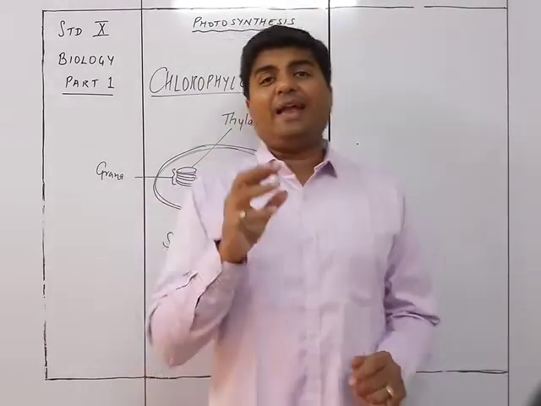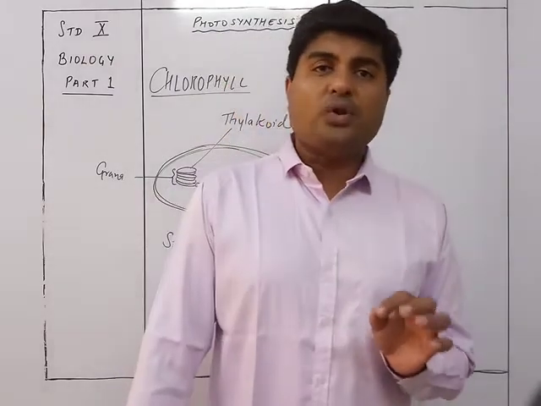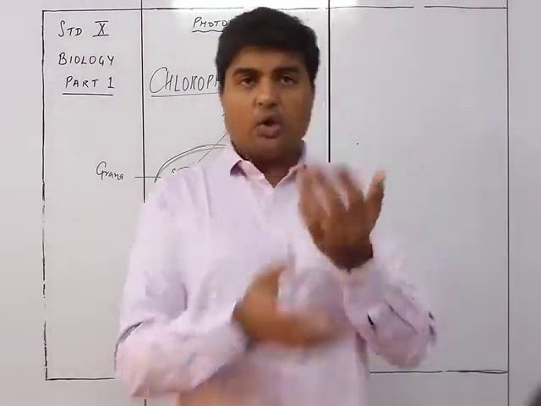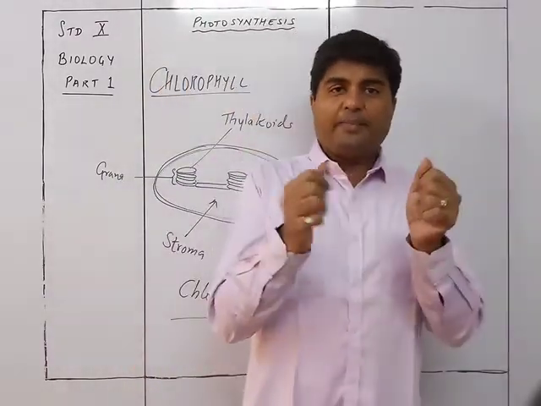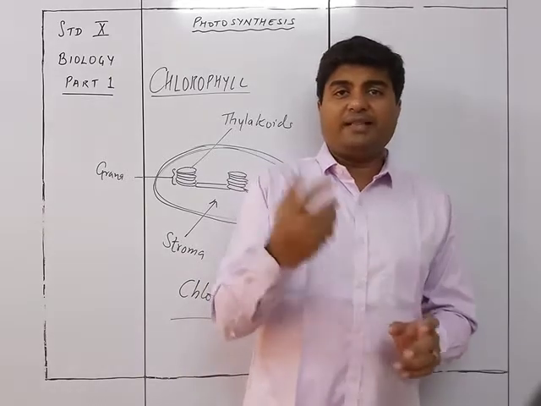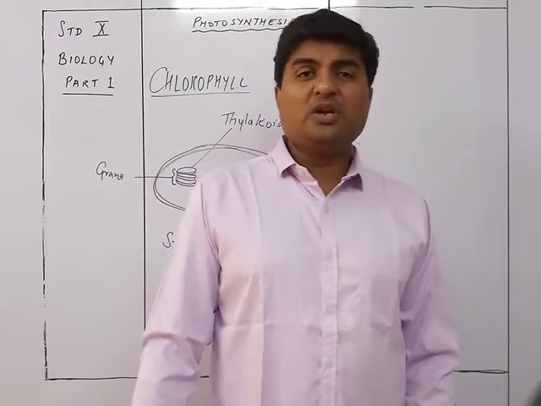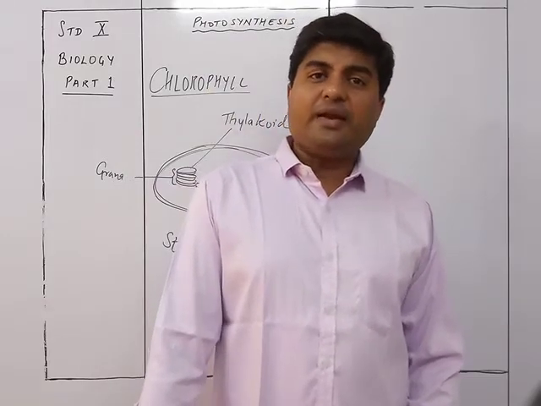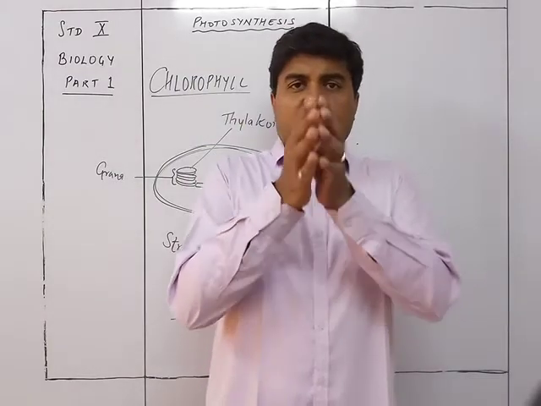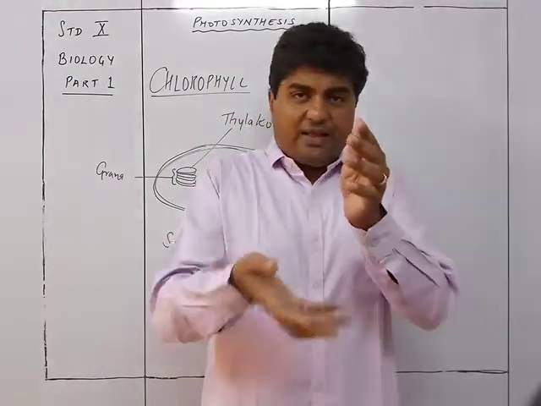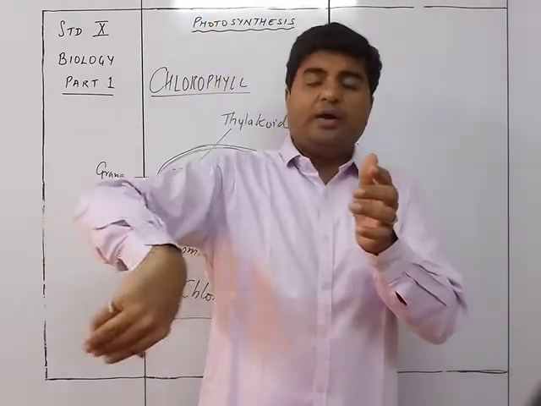The entry of the carbon dioxide into the plant is through the stomatal opening present in the lower epidermis of the leaves. The stomata open up and the carbon dioxide gets inside, and that is also the time where stomatal transpiration takes place. So in a way we can see that because the plant required carbon dioxide, the stomata opened up for taking in carbon dioxide, but in turn the water vapor which was present inside escaped out.